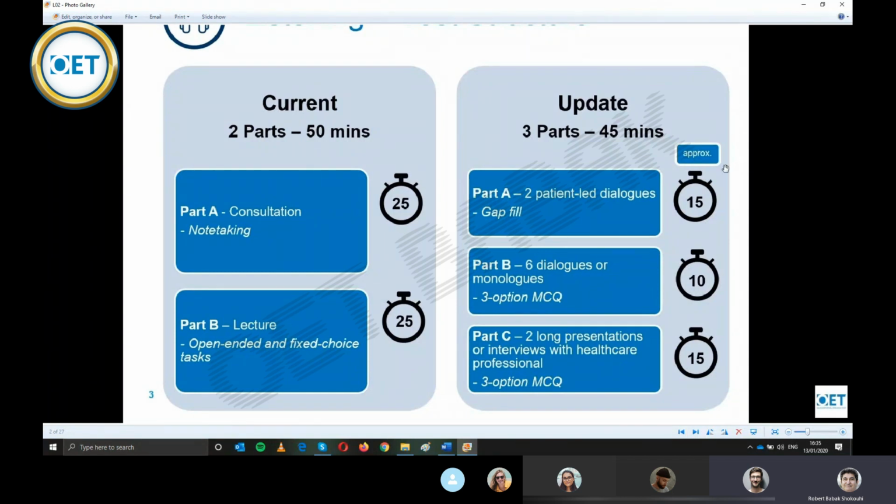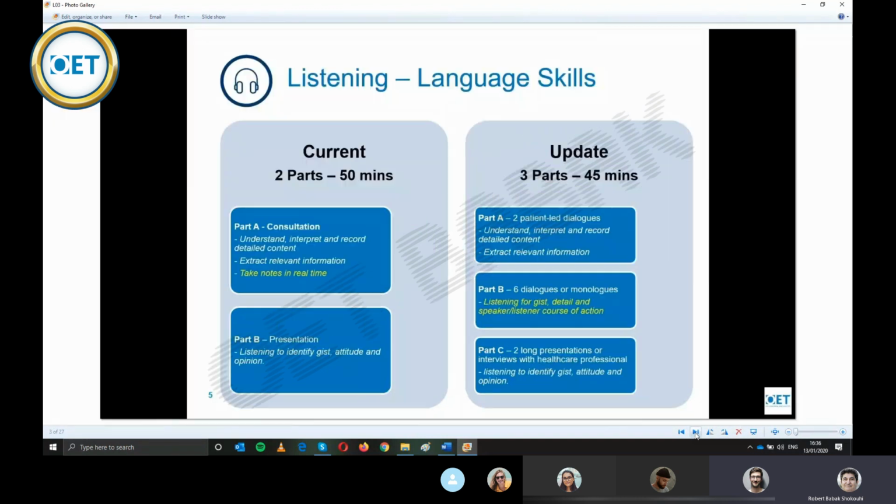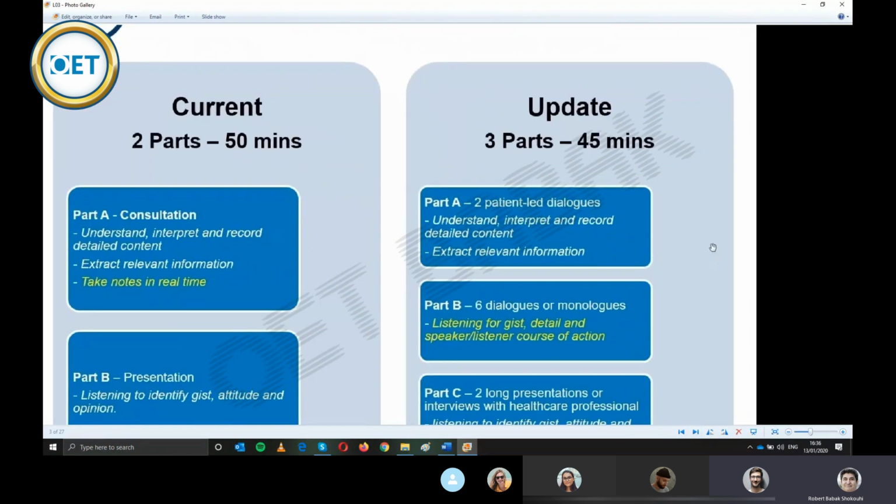Before we get there, just remember part A is 15 minutes. Part B is 10 minutes, and part C is 15 minutes. Part A is gap fill. Part B and C are multiple choice questions.